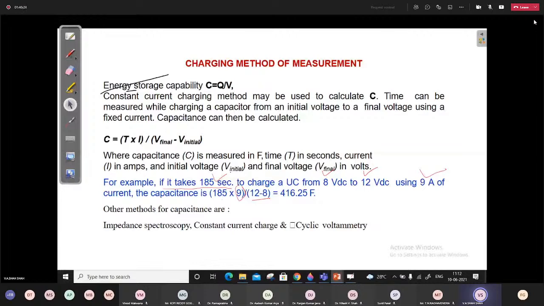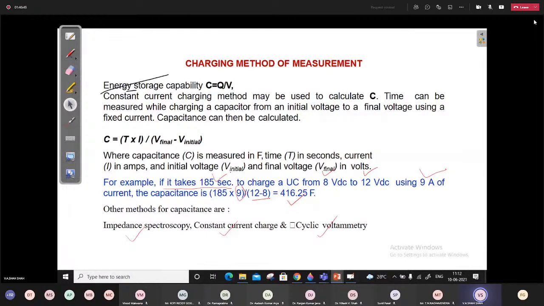This is a very simple, approximate method by which we are measuring the capacitance. But to have an accurate measurement of capacitance and resistance, impedance spectroscopy, the constant current charge method, and the cyclic voltammetry method are used to determine the capacitance value.